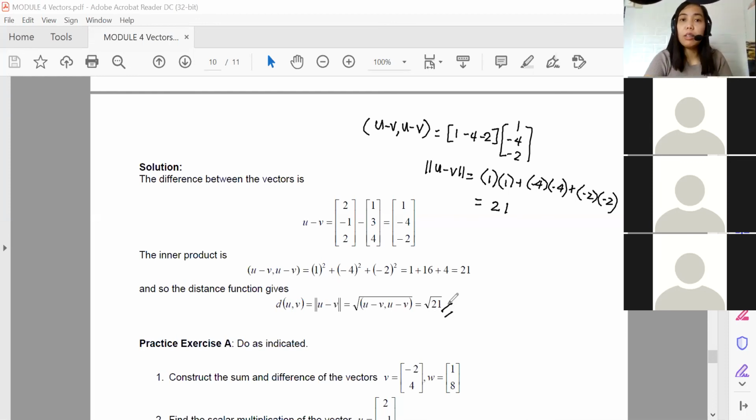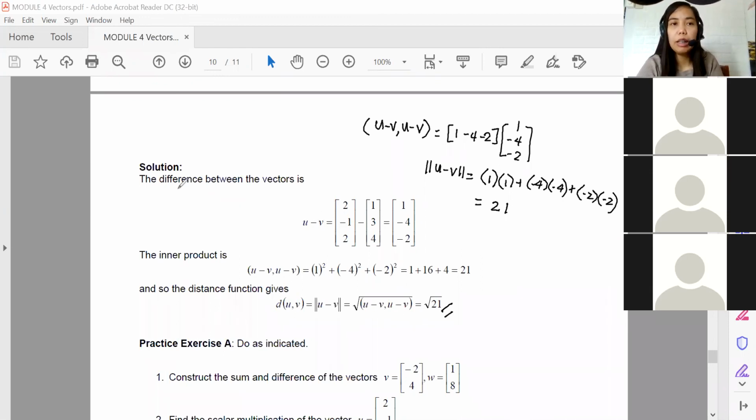Kasi 'di ba ang norm ay distance din, that is the length. Pero ang pagkakaiba lang, kinuha kasi muna natin ang difference. Unlike kanina, when we just find the norm of U or the norm of the given vector, we just need to multiply it. Okay, transpose the first vector and then multiply it by itself and then the square root.